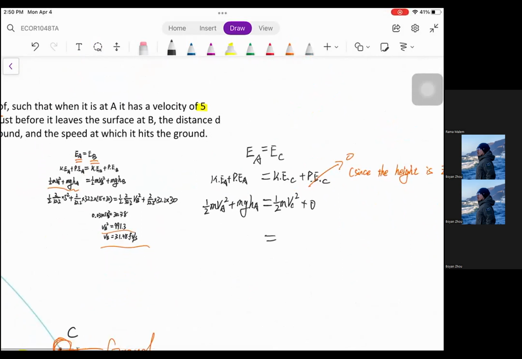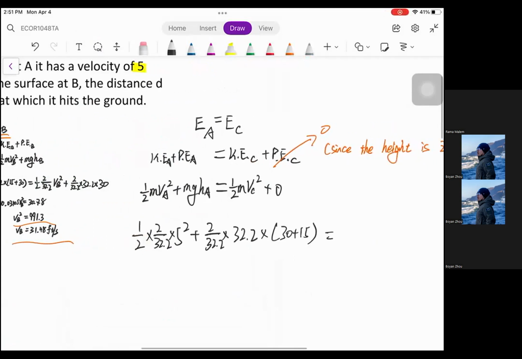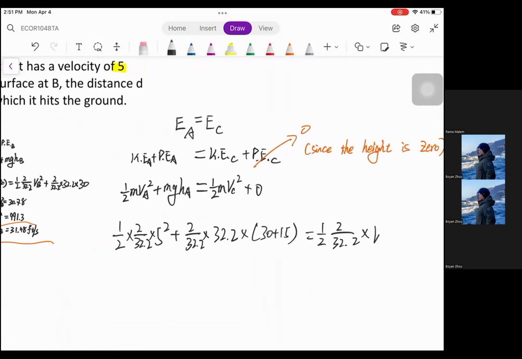So we can just plug in the numbers. Half times 2/32.2 times VA squared. VA is 5, so 5 to the power of 2, plus 2/32.2 times 32.2 times 30 plus 15, is equal to half times 2/32.2 times the unknown.